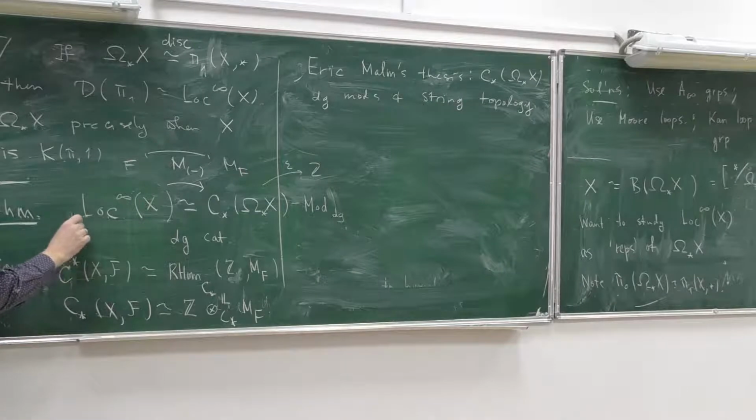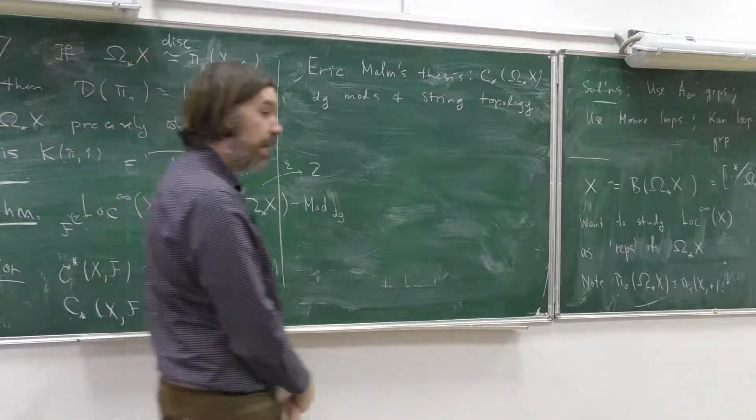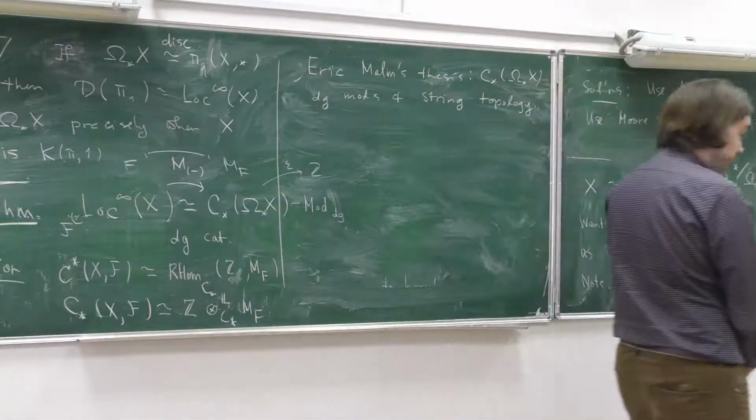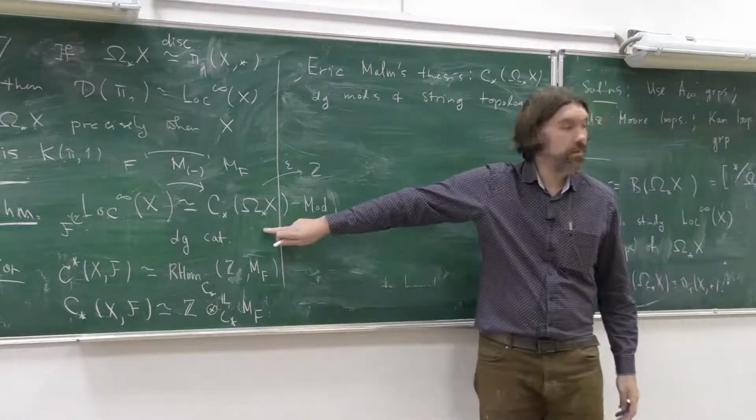No, F here is an infinity local system, so it's a complex. Yeah, it's a complex, but it's a condition. That's right. So if I had a complex of sheaves which was not locally constant in this sense, then it has nothing to do with this algebra.